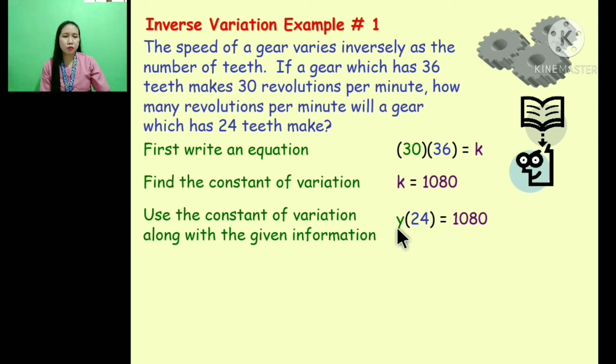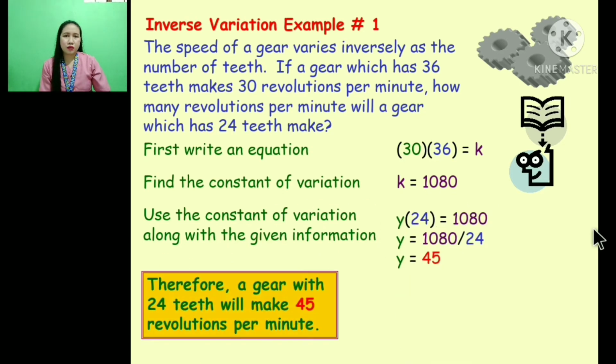Here we're going to substitute the value of y, which is unknown, and the value of x, which is 24 teeth, and we have the constant. In order to get the value of y, we divide both sides by 24, so that we have y is equal to 1080 divided by 24. And that is y is equal to 45. Therefore, a gear with 24 teeth will make 45 revolutions per minute.